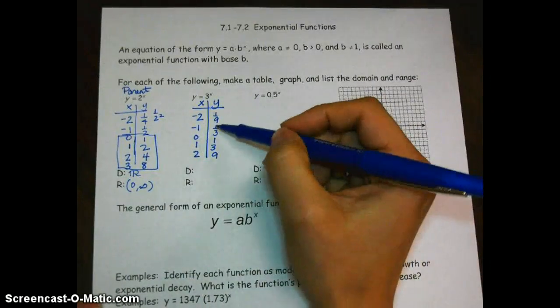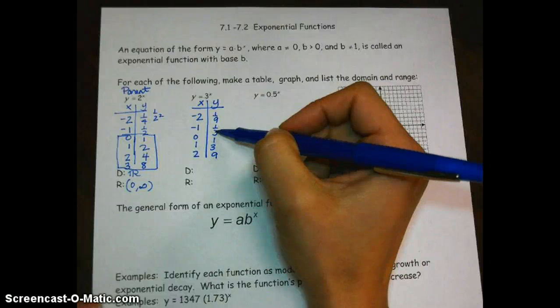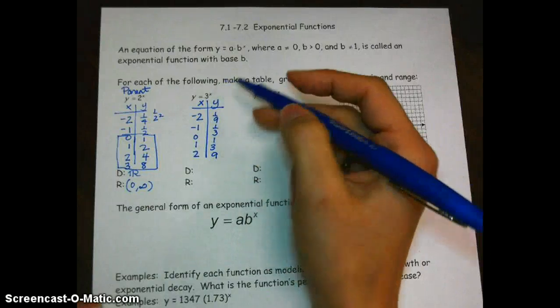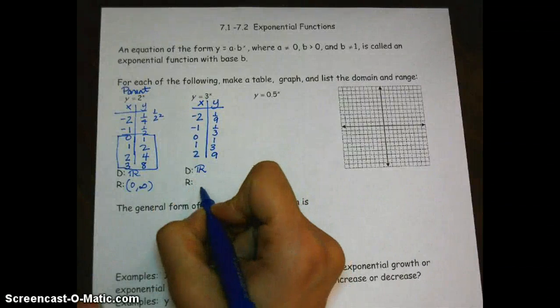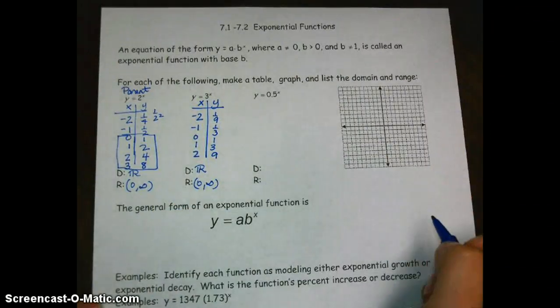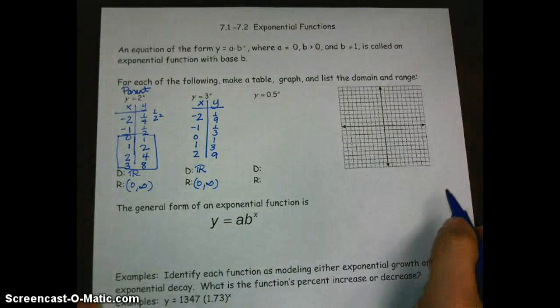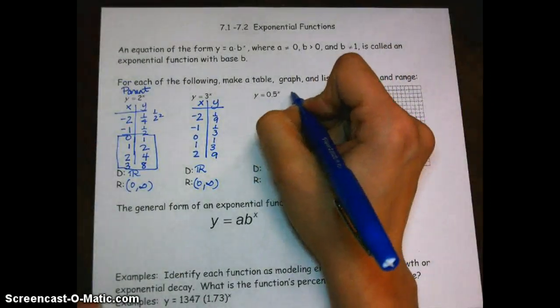So again, even if I put in negative values for x, my y values are not going to be negative. They're going to get smaller and smaller toward 0. So you can plug in whatever you want for x, and my range is not going to be 0 or smaller.